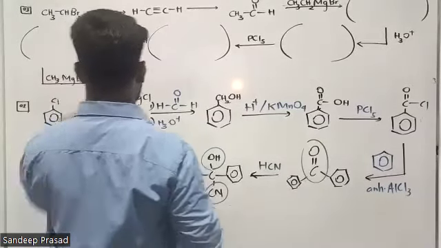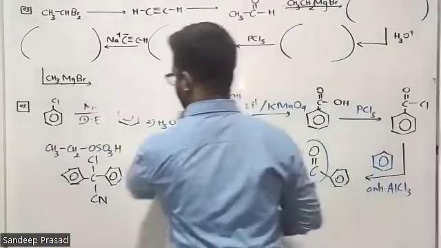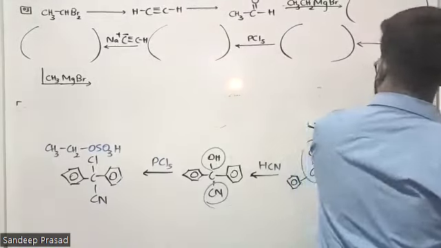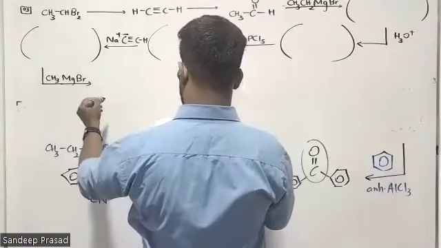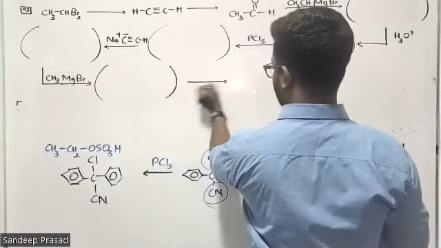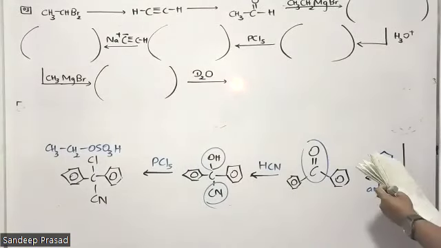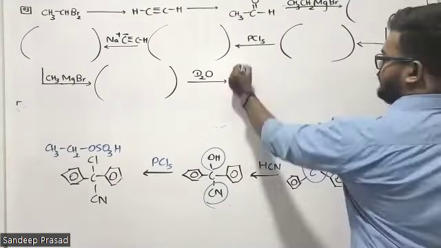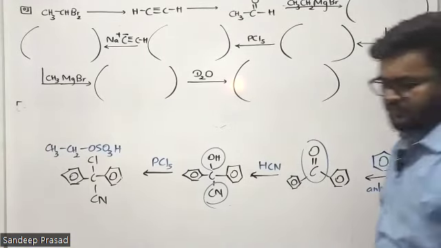Grignard reagent CH3MgBr, and here we are adding D2O. Complete the third one.